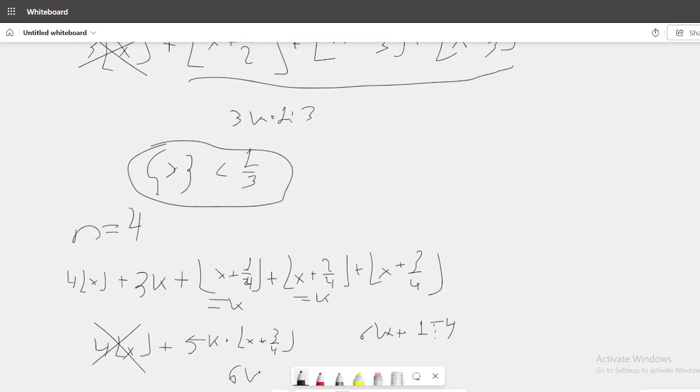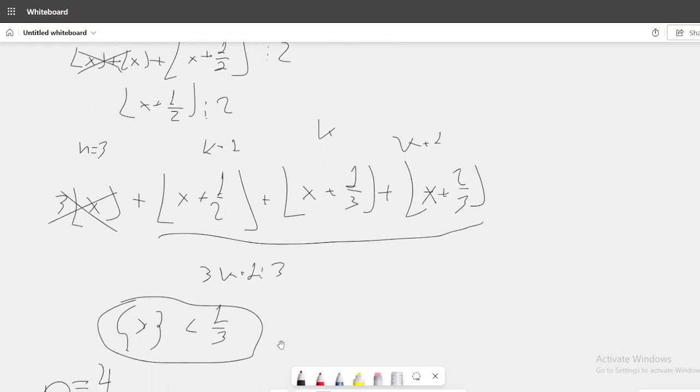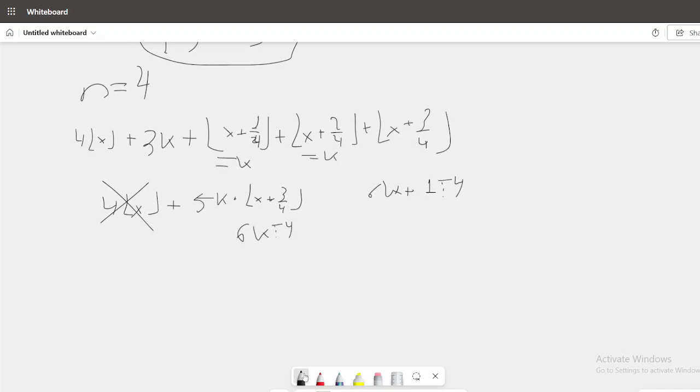But 6k is divisible by 4 because we know that k is even from what we got from n equals 2. So we get that the fractional part of x needs to be less than 1 over 4.